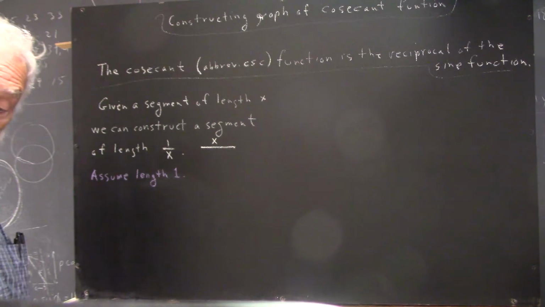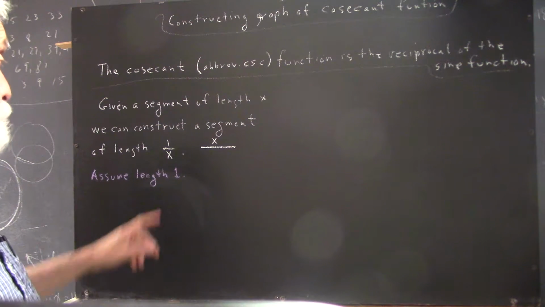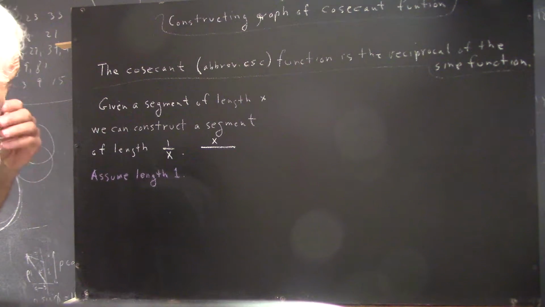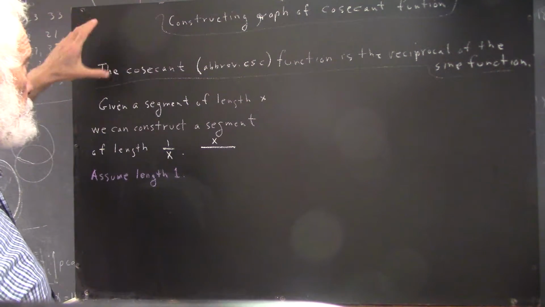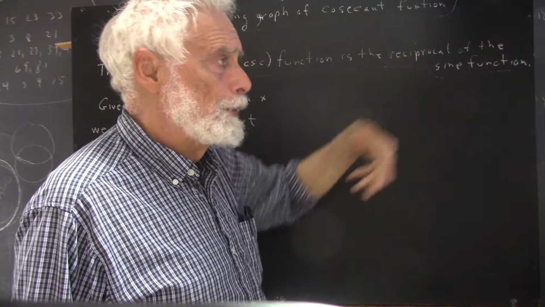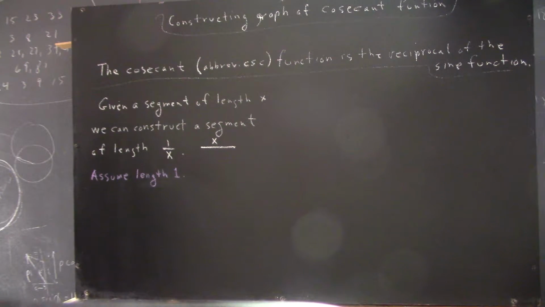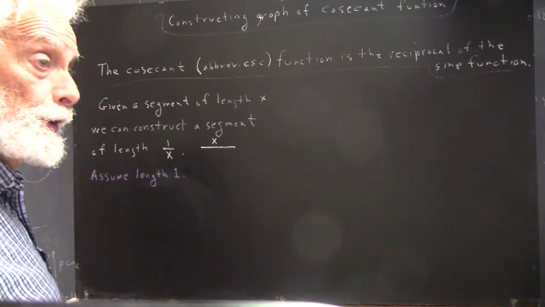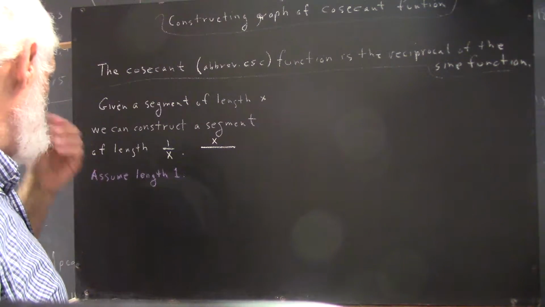So we're kind of free at this point to specify any unit for one, and we'll see how that works out. Okay, so first, if we're going to construct a graph that has values that are the reciprocals of values of some other function, then we'd better be able to construct the reciprocal of a given length.